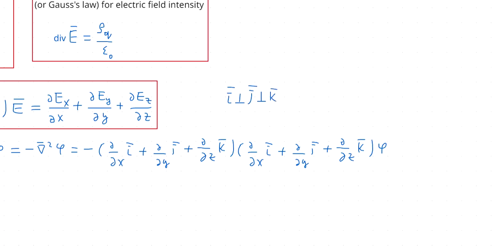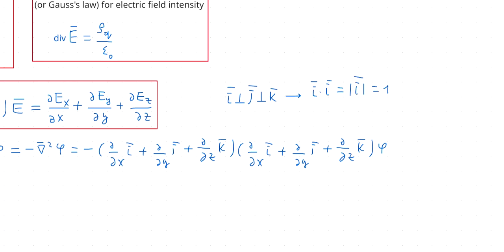And this means that, for example, i multiplied by i is equal to absolute value of i, and this is equal to 1.